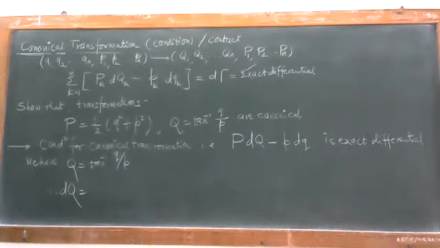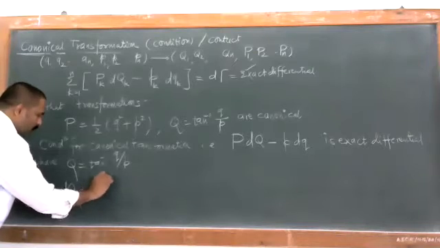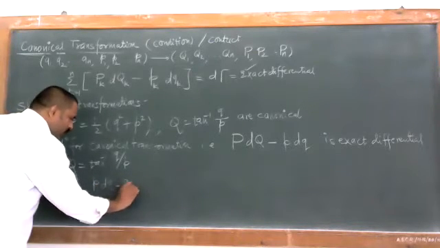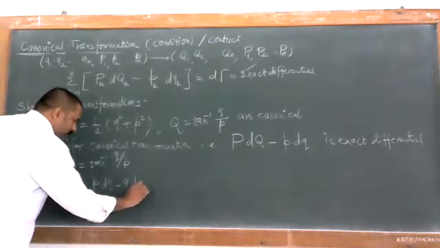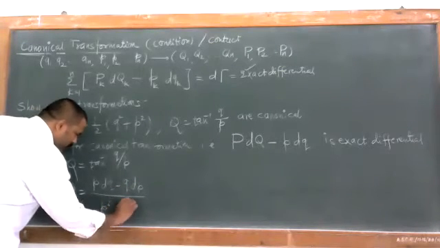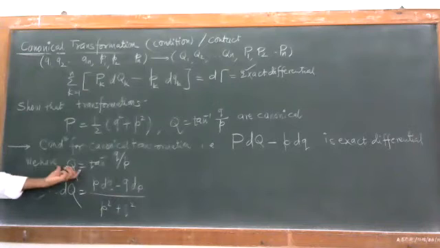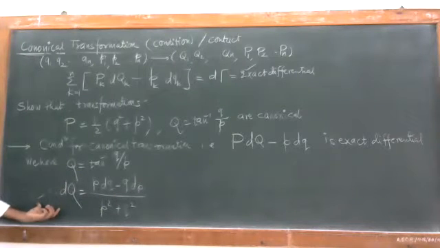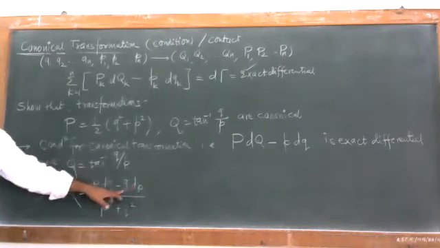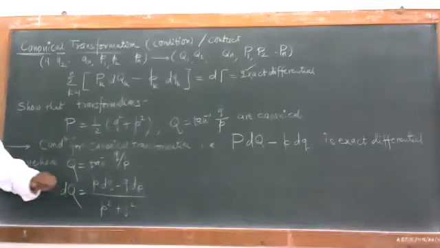The value of dQ comes out to be (p dq minus q dp) divided by (p square plus q square). This is the derivative of Q.